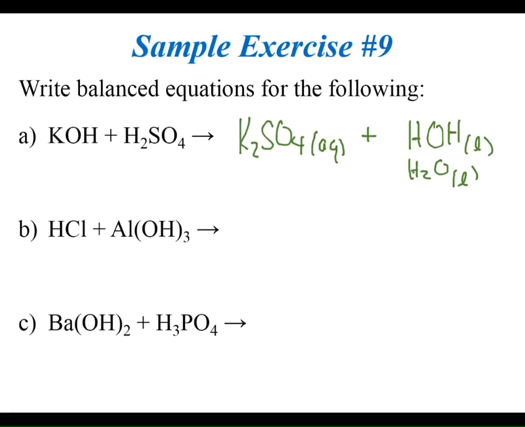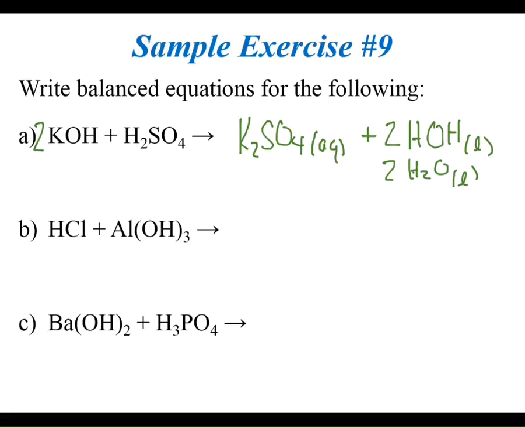So 1 hydroxide, 2 hydrogens, 1 hydrogen. So we're going to do a little balancing here. I'm going to put a 2 over here with my waters, and then a 2 over here. So 2 potassium hydroxides plus sulfuric acid makes potassium sulfate and 2 waters.